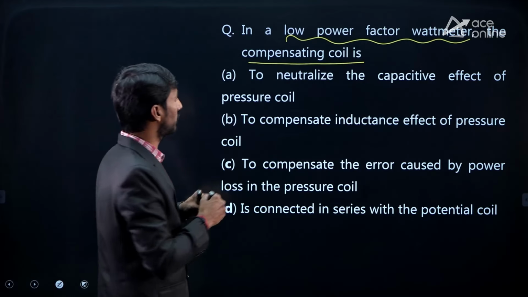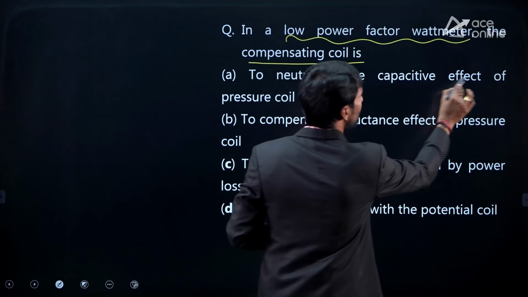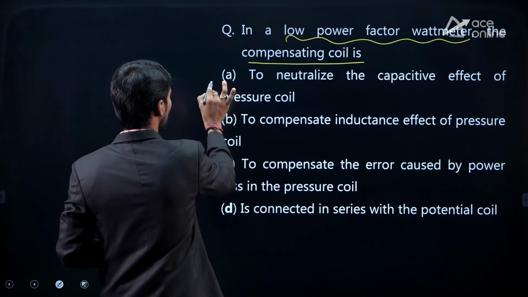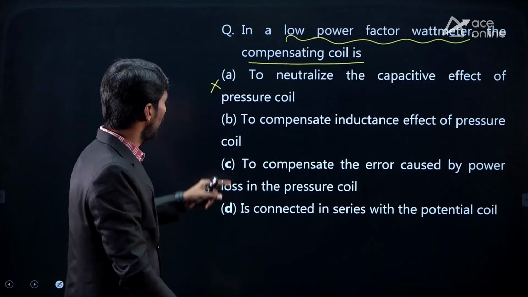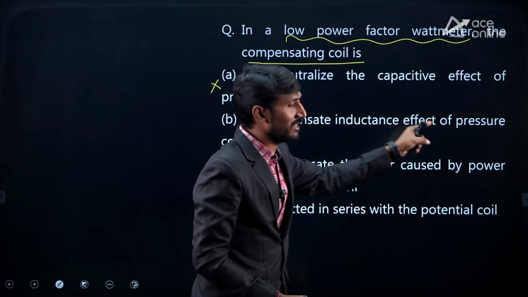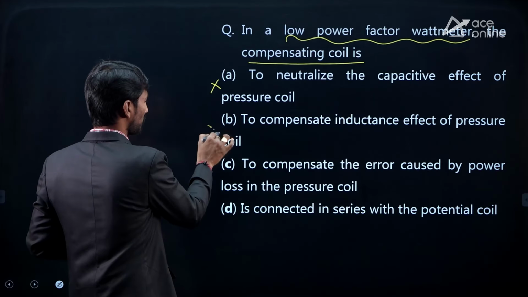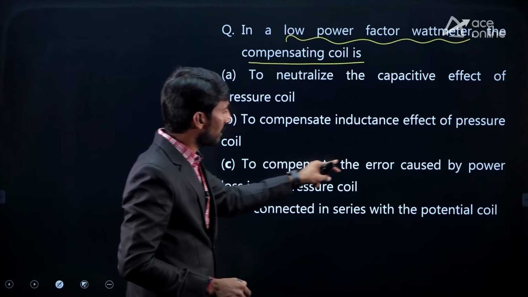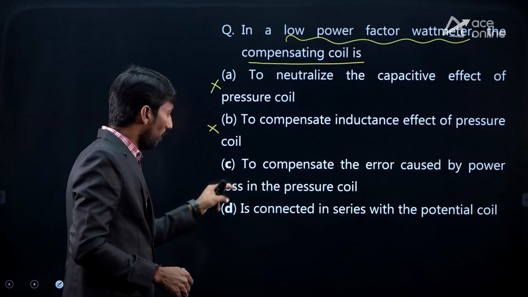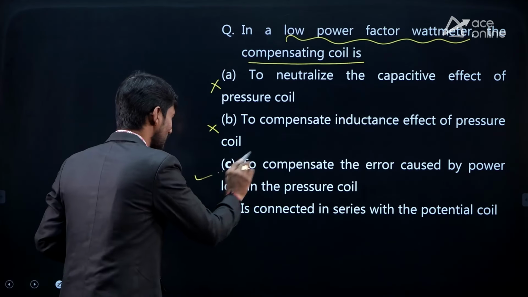That's it. Now check it here. To neutralize the capacitive effect of the coil: no. To compensate inductance effect of the pressure coil: no. To compensate the error caused by the power loss in the pressure coil: correct.